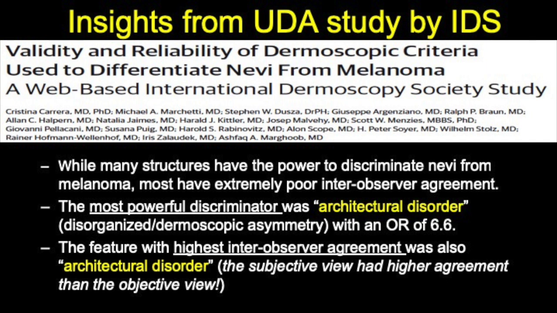And what is that subjective feature? It has to do with this idea of architectural disorder versus order, organized versus disorganized. Our brain can instantaneously recognize if the colors and the structures that are distributed in the lesion make sense, they're organized, or they're not. And the previous algorithms weren't privy to this information.